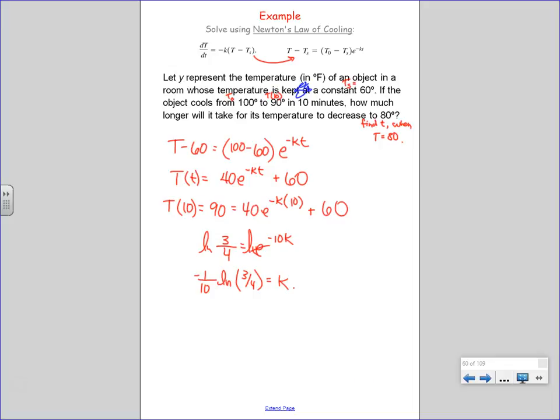So all I have to do is plug and chug and set t equal to 80. All right, so it's a little bit exciting, but not so much. We end up with 40 e to the 1/10 ln of 3/4 times t, plus 60, right?